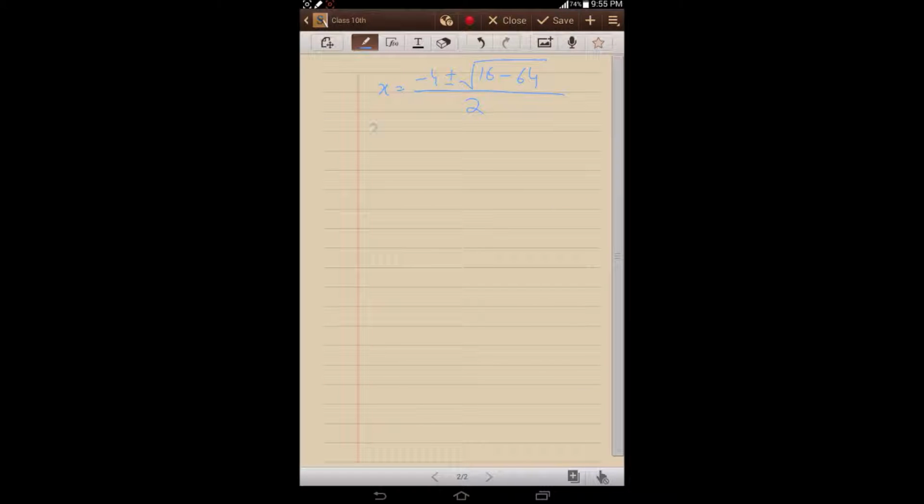Further we can solve it. We can write x is equal to minus 4 plus minus square root of 48, divided by 2.